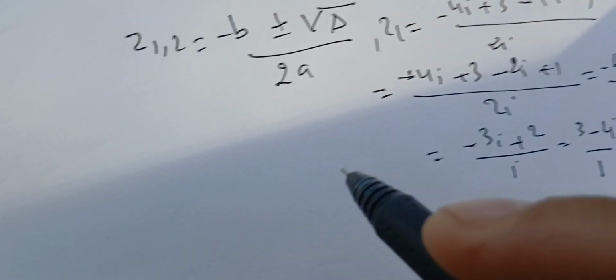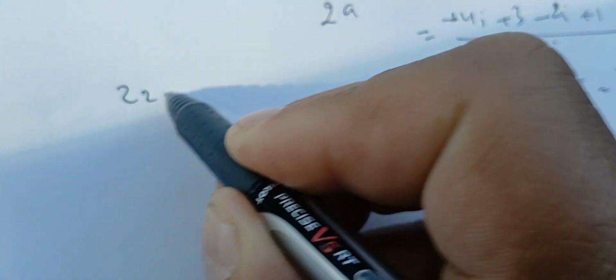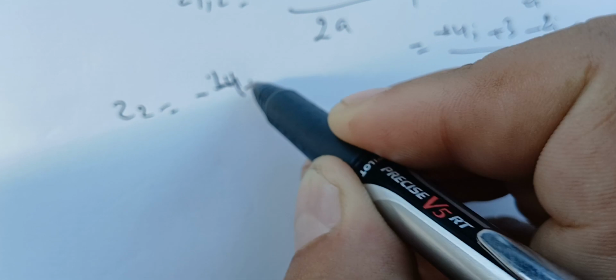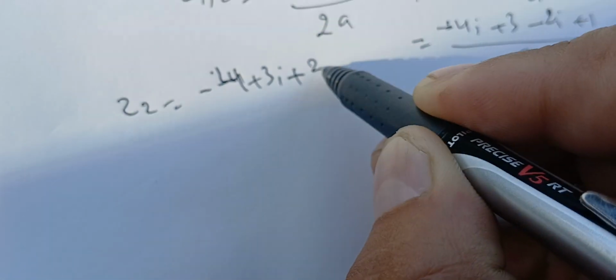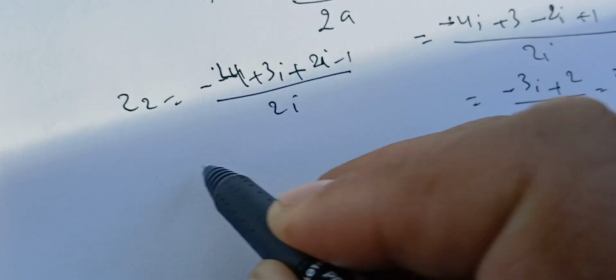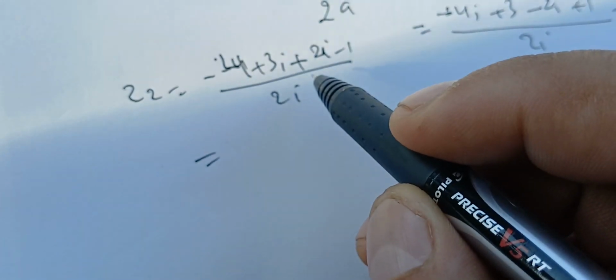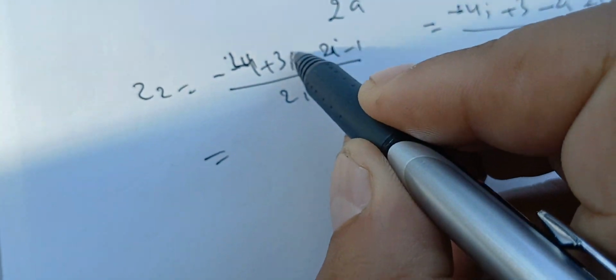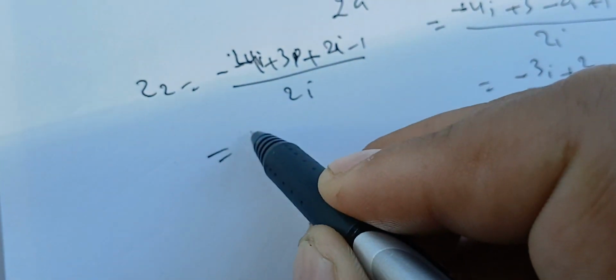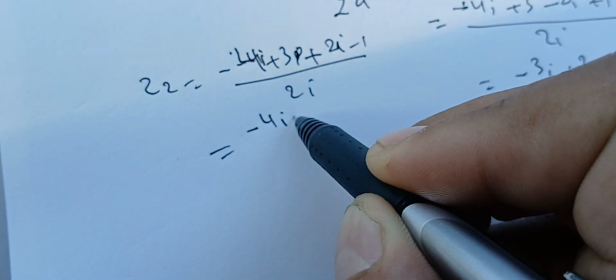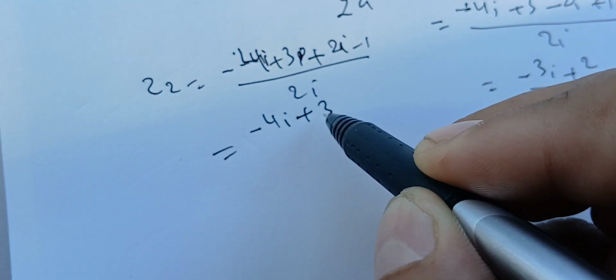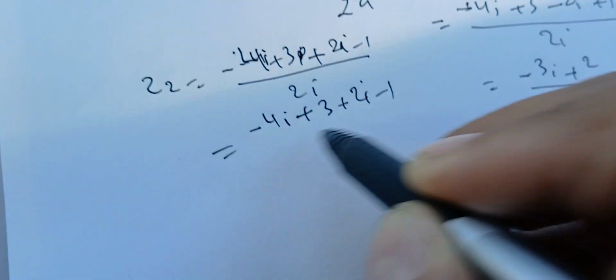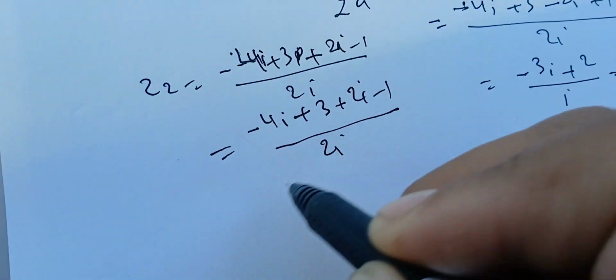For z2, it's going to be minus b, which is minus 4i plus 3, plus 2i minus 1, over 2i.